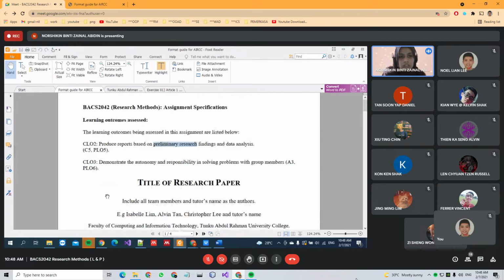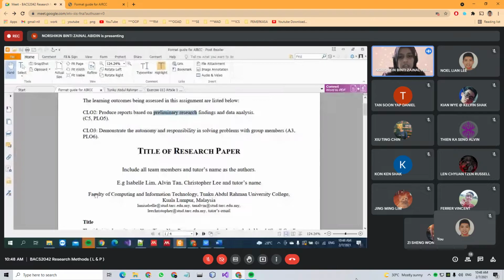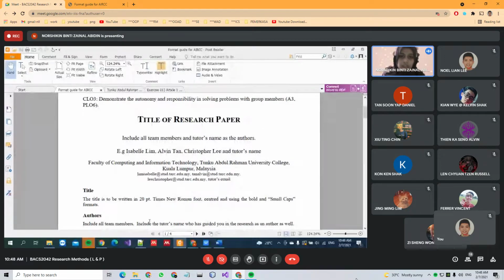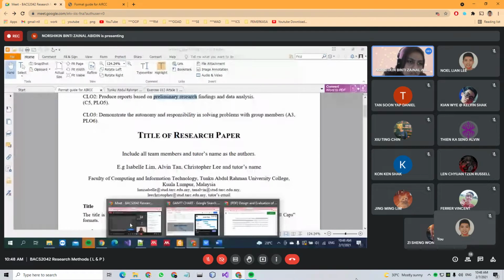So you can read the CLO here. This is what you need to write. This is the format, but how you're going to write this, you can refer to any paper.